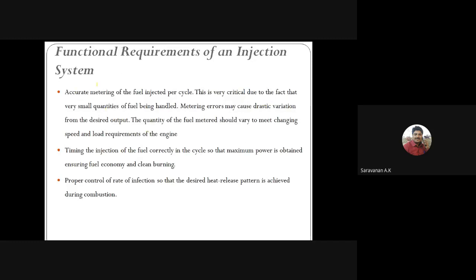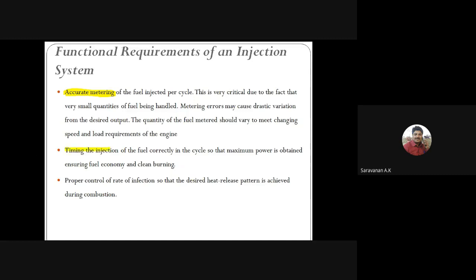Now the requirements. First, the metering device: accurate metering has to be ensured for each cycle of the engine crank rotation. A very small amount of fuel is injected through the injector, so we have to monitor it closely; an accurate metering device is a key requirement.